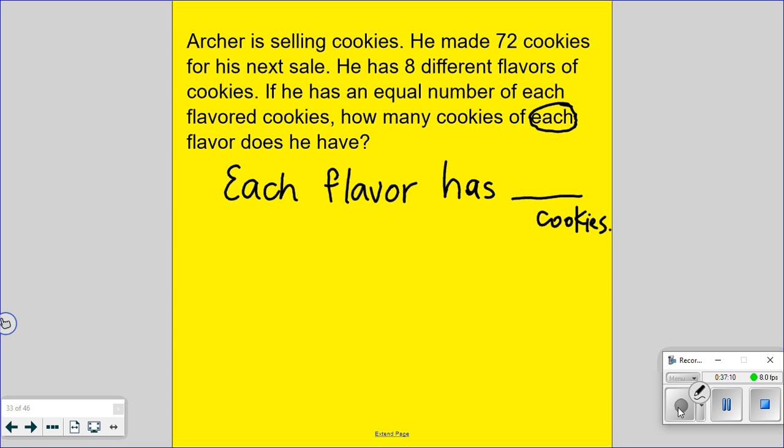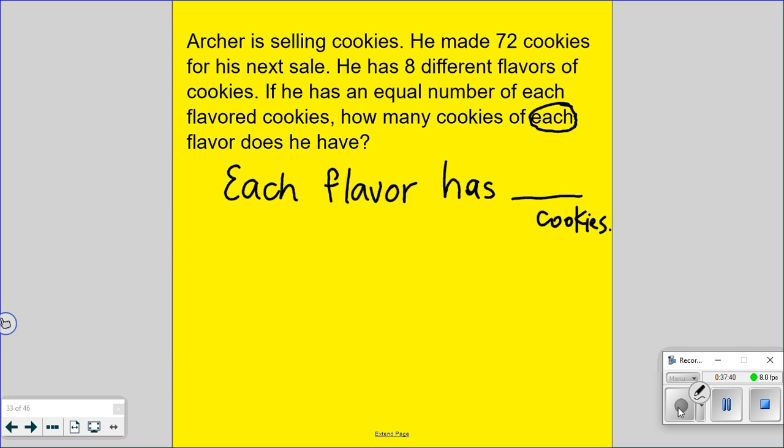Now we're going to think about this problem in a way that we have not done yet. We've got 72 cookies, and we know that he made 8 different flavors. What would be a really bad answer for the number of cookies each flavor has? We haven't thought about that before, but we are purposely going to think about the wrong answer.